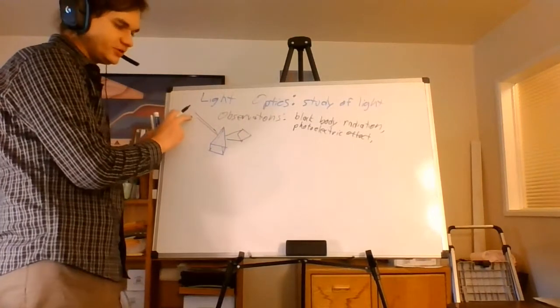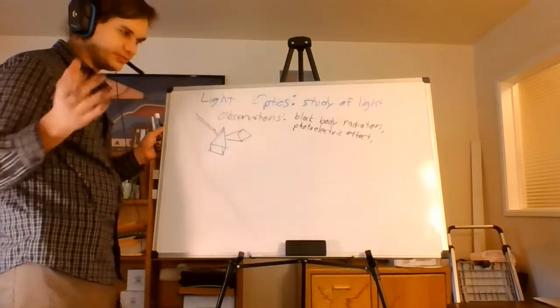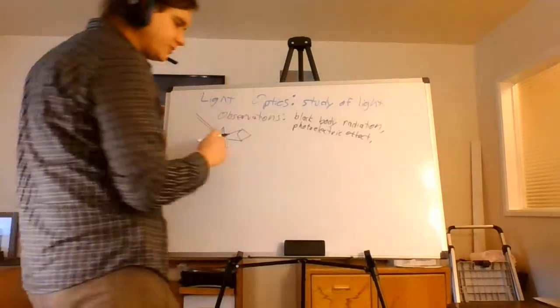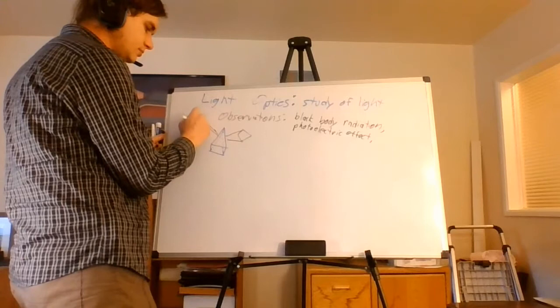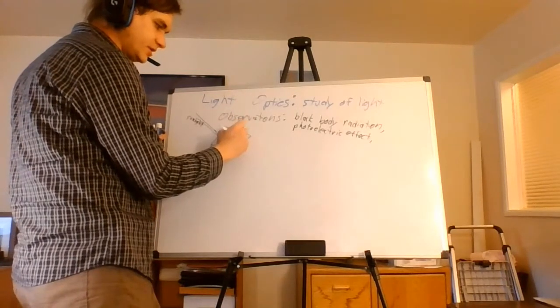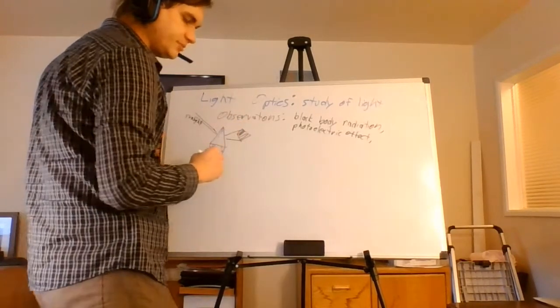If you started with white light, he ended up with the whole spectrum. Well, it turns out that if you do this with sunlight, you don't get the whole spectrum.